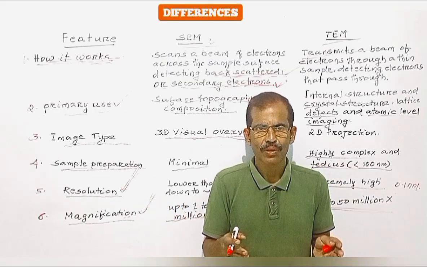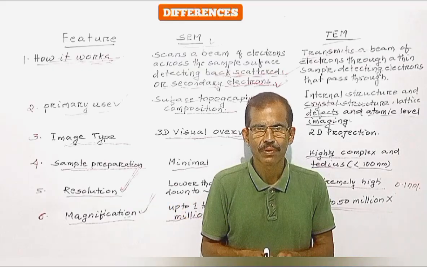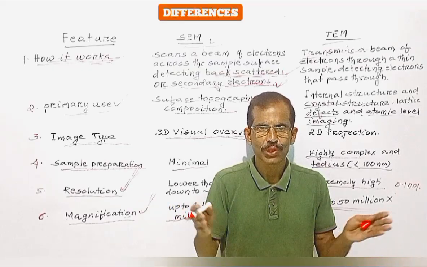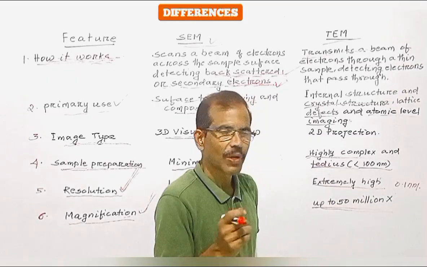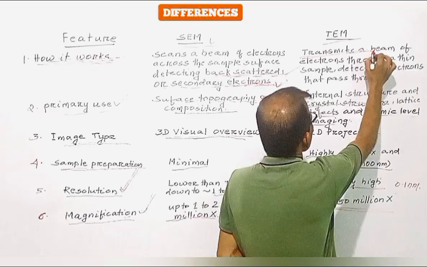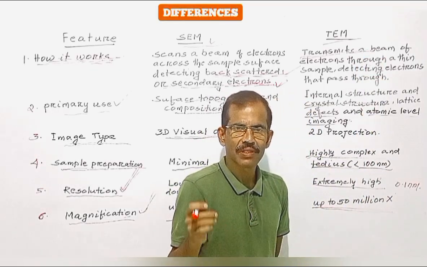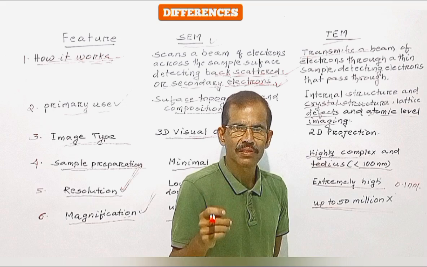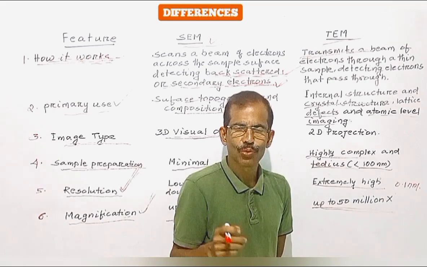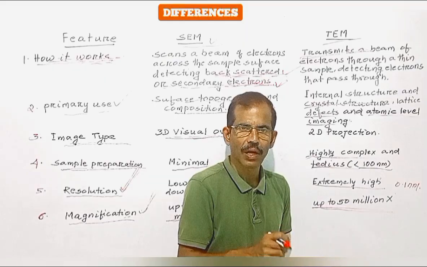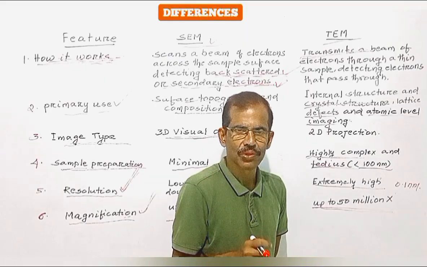As these electrons are ejected from the top surface layer of the sample, they are used to study the surface topography. On the other hand, in transmission electron microscope, a beam of fast-moving electrons is transmitted through an ultra-thin sample. Only the transmitted electrons which pass through the sample are captured by the detector to form the image.